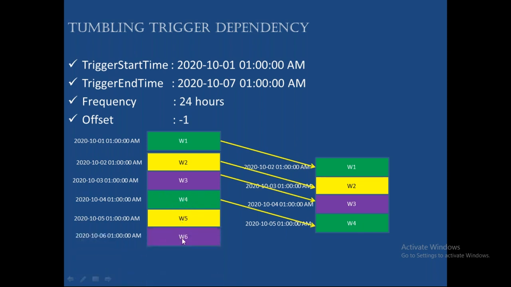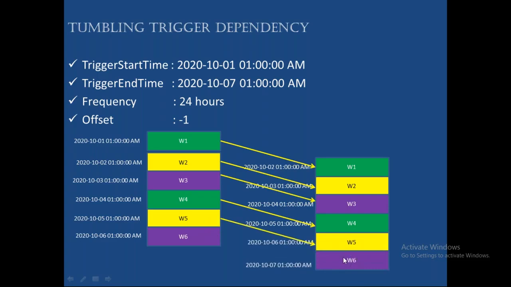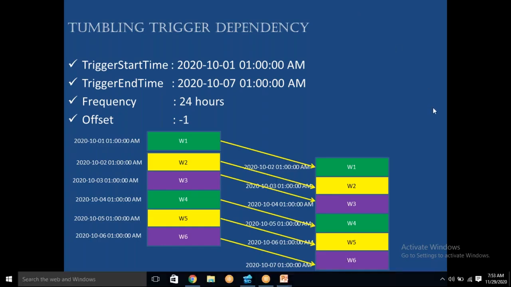This is window 5. Next, window 6 and window 5 started here. I have one final one, window 6. This window 6 is dependent on this. Here the time is the same, date and time.